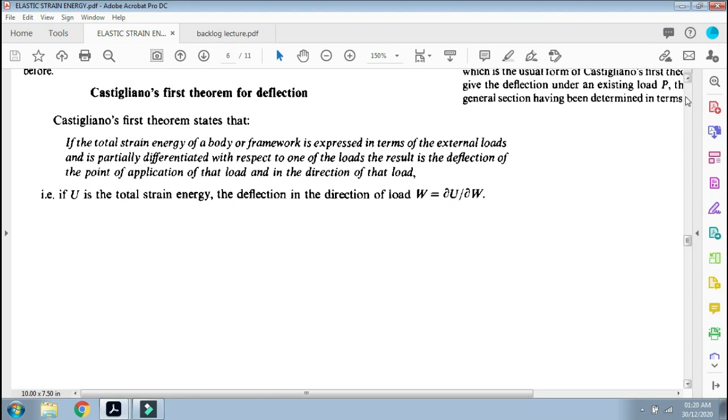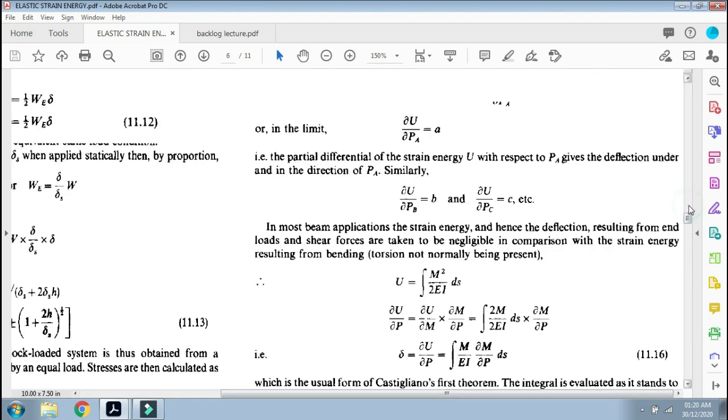So in mathematical terms, what does this mean?